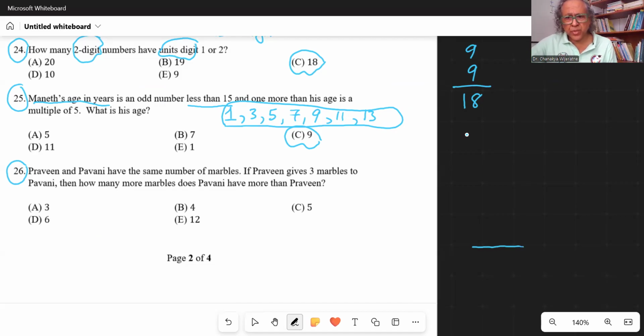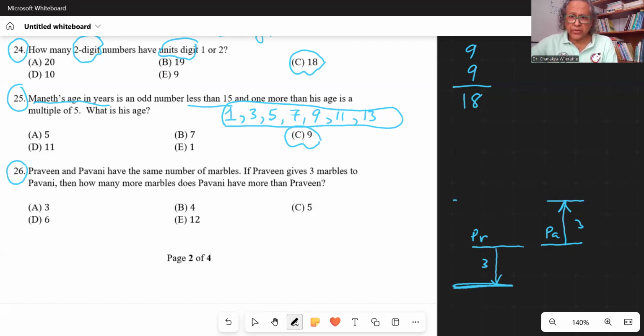Then Praveen gives 3 marbles to Pavani, so his number of marbles decreased by 3. So now he is here, and Pavani's number increases by 3, so she is there.